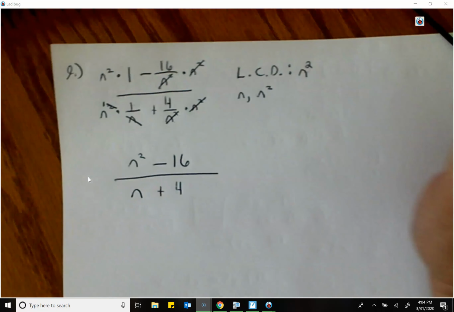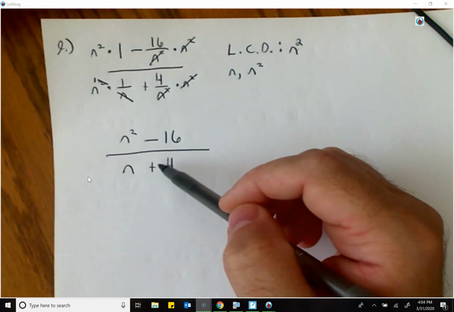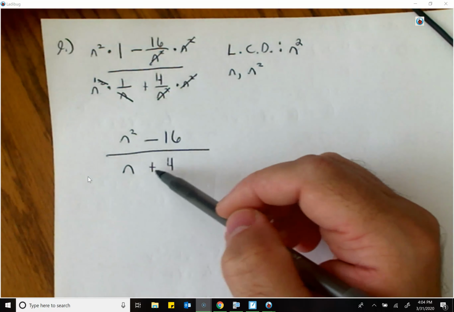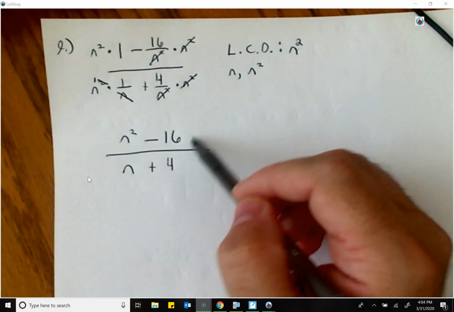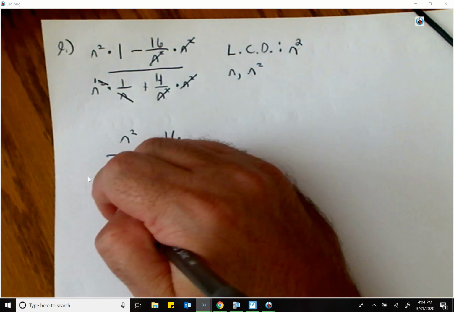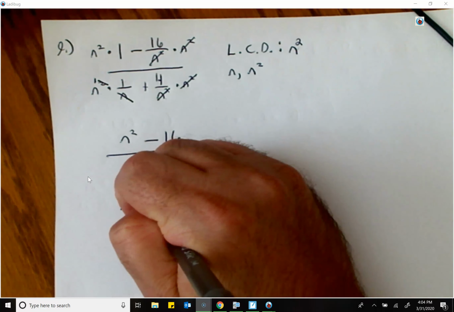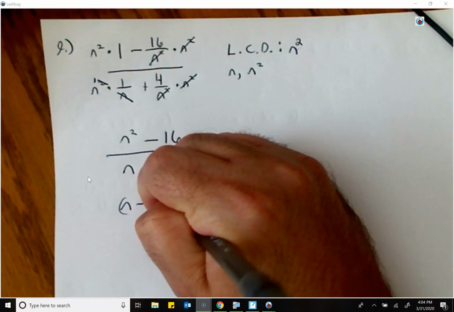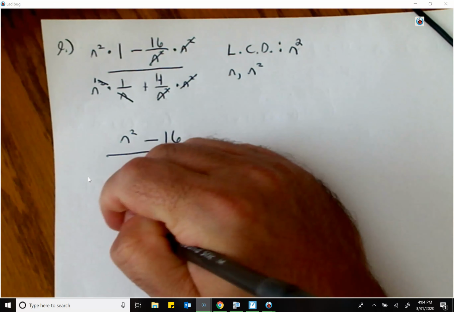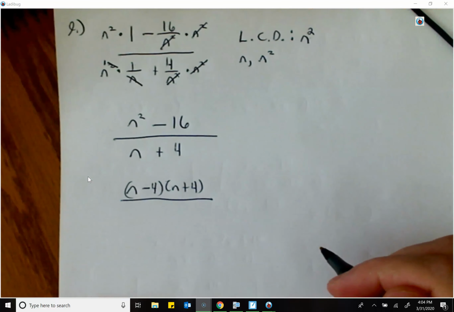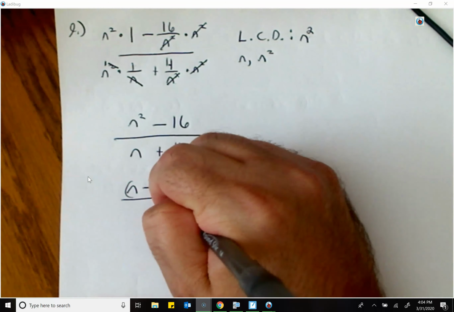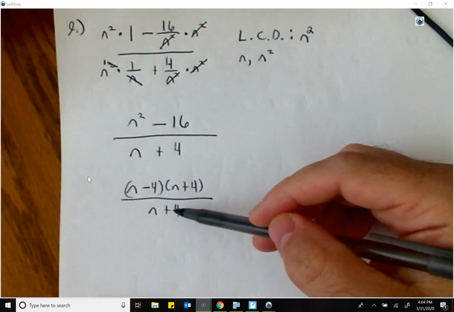And now, all this is just a simple rational that needs to be reduced. In order to reduce or simplify it, we've got to factor everything. So this is a difference of squares. So n minus 4, n plus 4 is how that numerator factors. And then we still have n plus 4 on the bottom, because that does not factor.